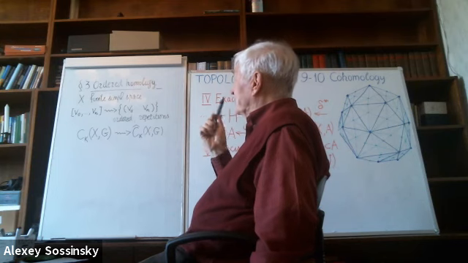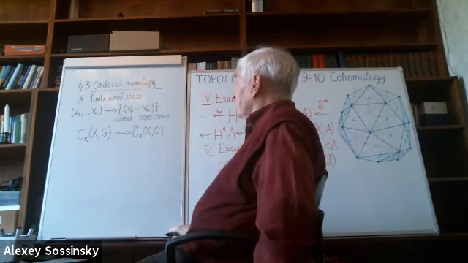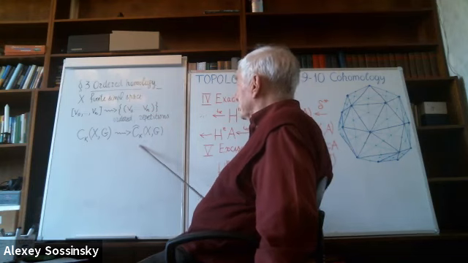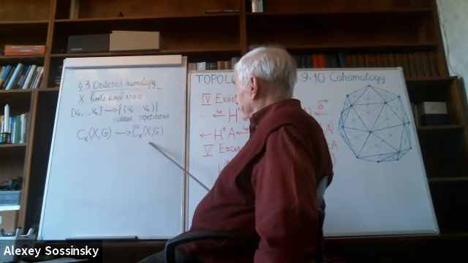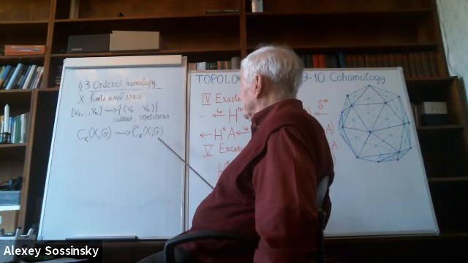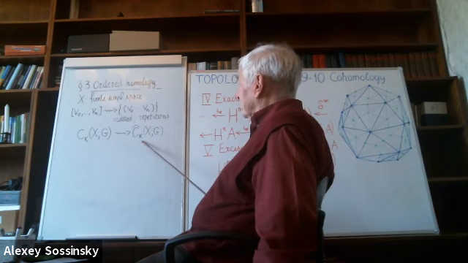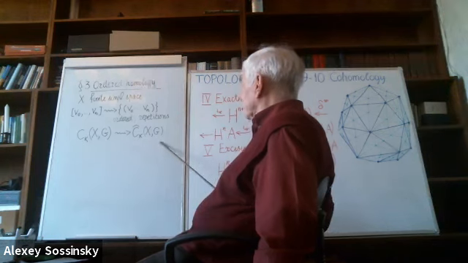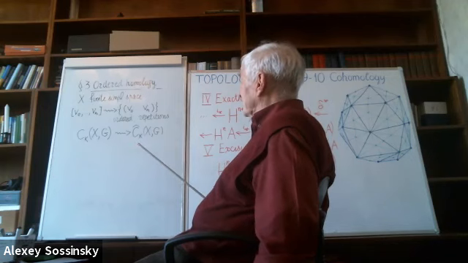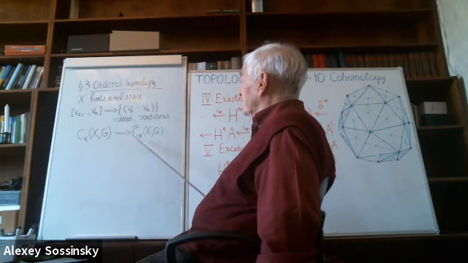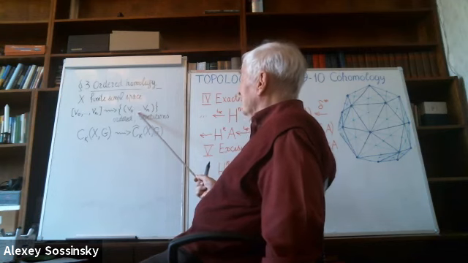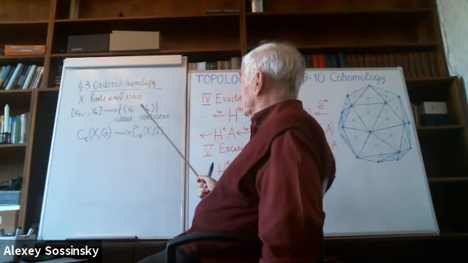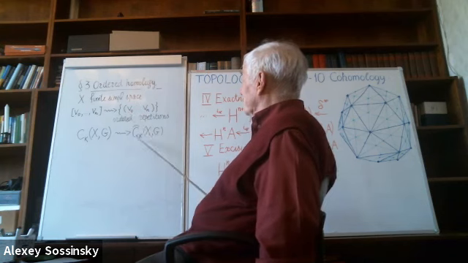Now, even if X is a finite simplicial space, these chain groups can be of any dimension and will be non-zero, because we have a simplex of dimension 75 million of the form V0, V0, V0, etc., V0 75 million times.